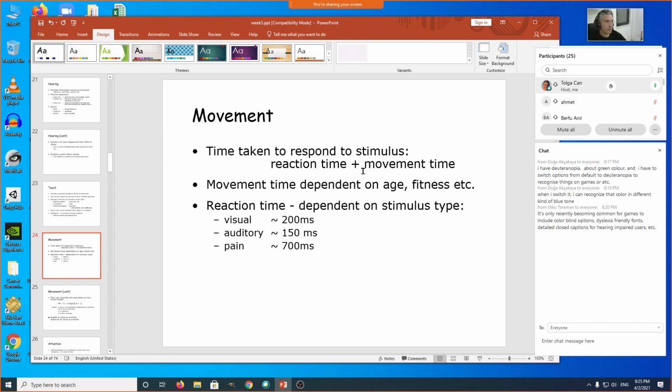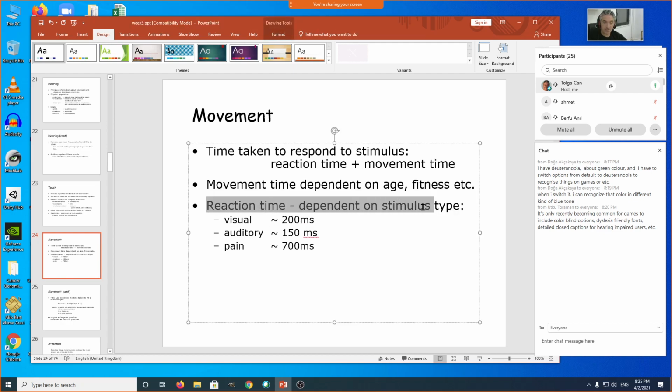The first time you see red, the reaction time is understanding that signal and understanding that it's red. Then the movement time is just raising your hand, and it may depend on age and fitness.